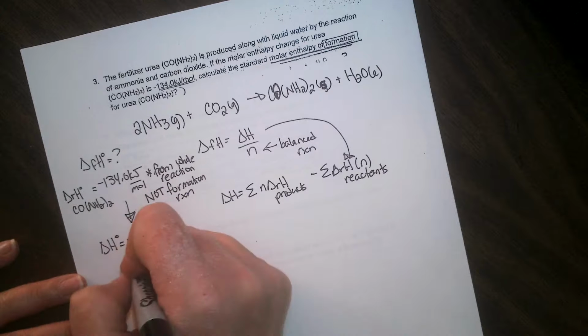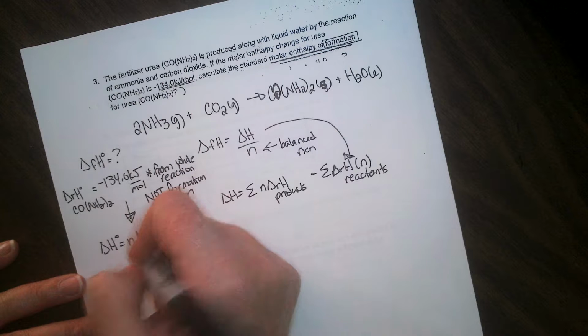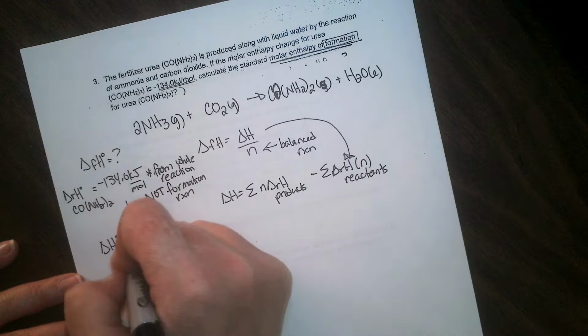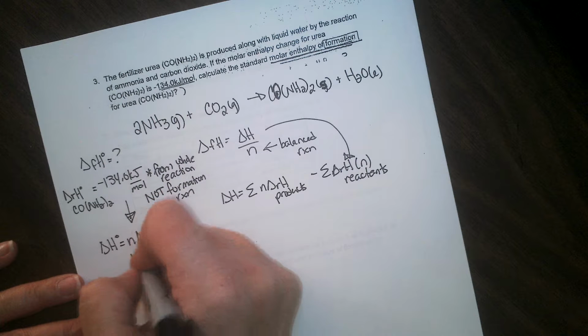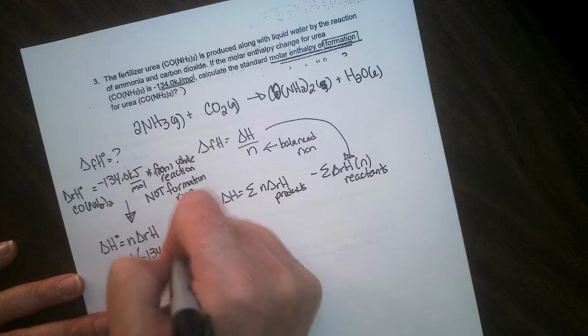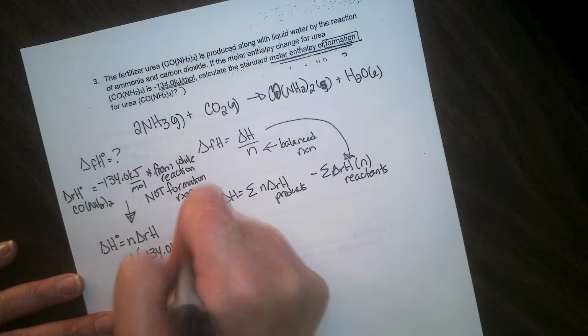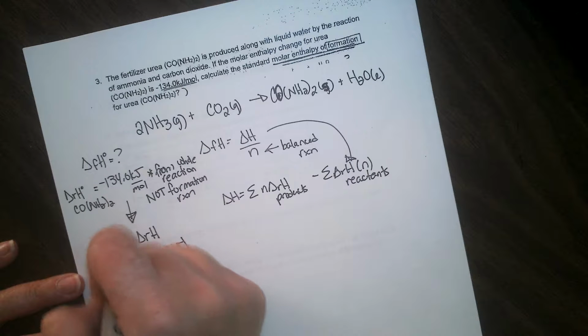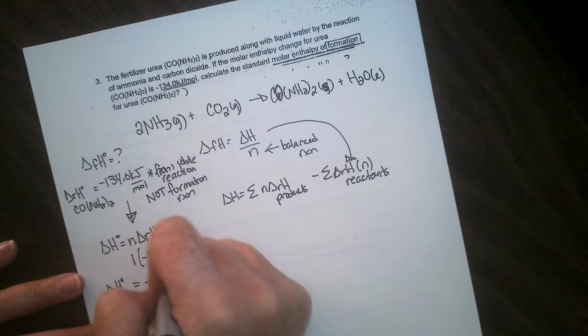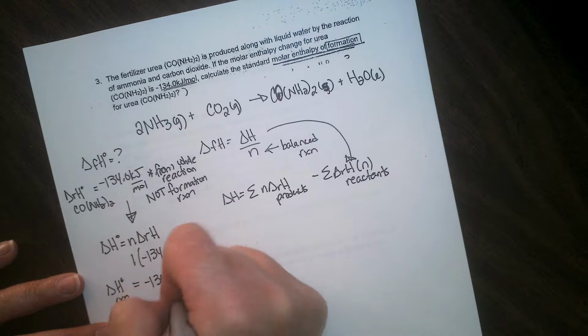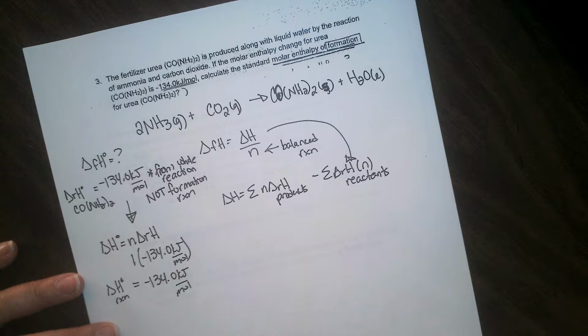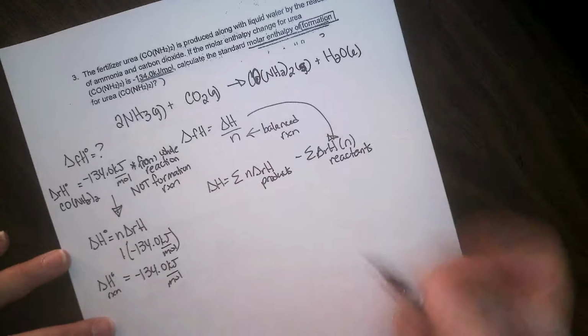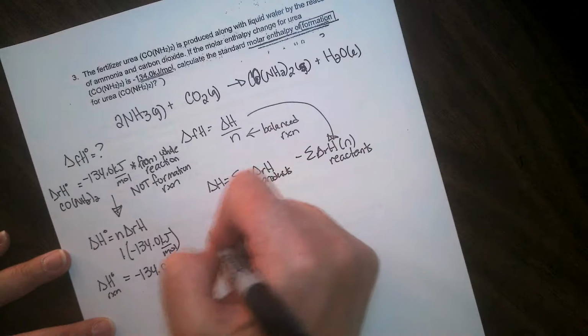So then we could go, there is 1 mole of urea from the reaction, and we could take this negative 134 kilojoules per mole, and this delta H for the whole reaction would be negative 134.0 kilojoules.